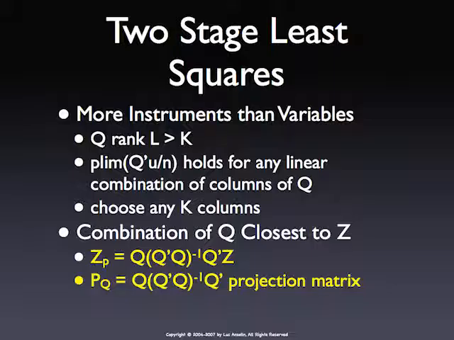So for every column in Z, this is a regression coefficient, which is then multiplied again with the original Q to give you a predicted value for the Z. So in other words, you take every variable and you regress it on all the instruments, in our case all 5 of them, and you get the best fit, which is the predicted value from a least squares regression. And then that becomes your instrument.